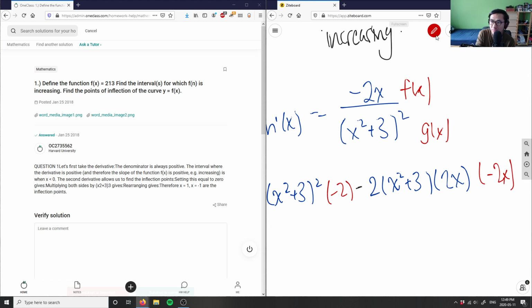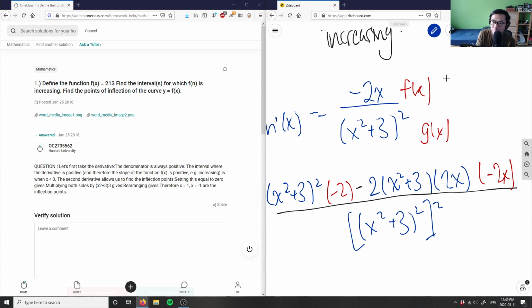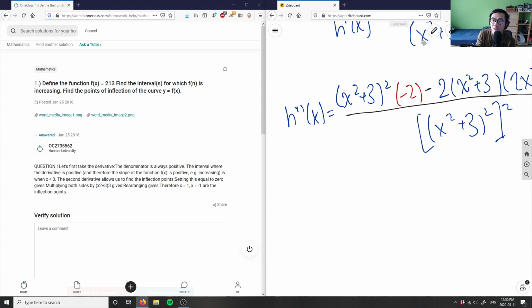And this is all divided by g of x squared, so this is simply x squared plus 3 squared, and then squared again. This here is my h double prime of x, and I'm going to set this to 0. I could simplify this before we do that, but it doesn't really matter.